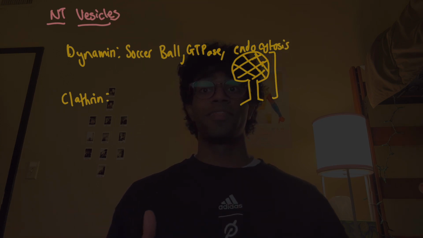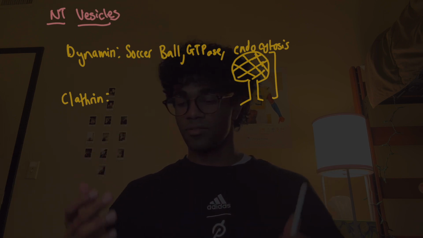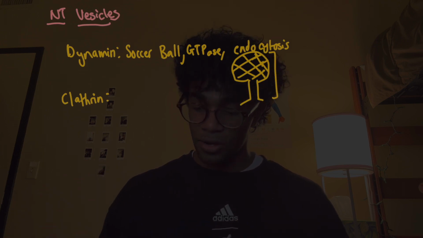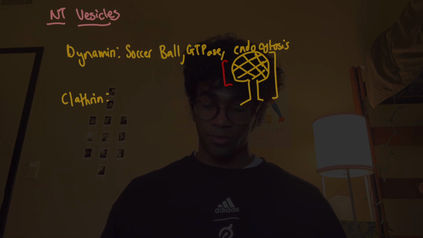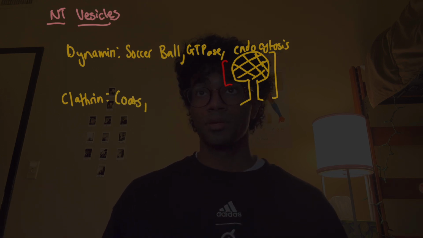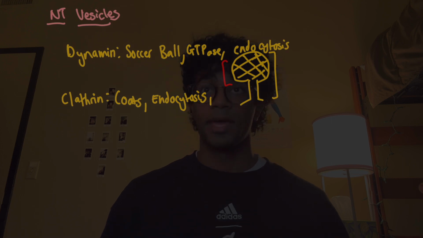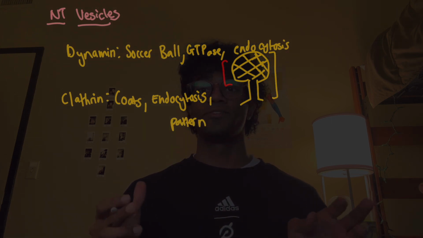Clathrin is the protein that coats the vesicle formed from endocytosis. So this grid-like pattern I just drew over here is our clathrin. So keywords to know are coats, endocytosis, and pattern. That'll help you guys remember these two main parts of our neurotransmitter vesicle.